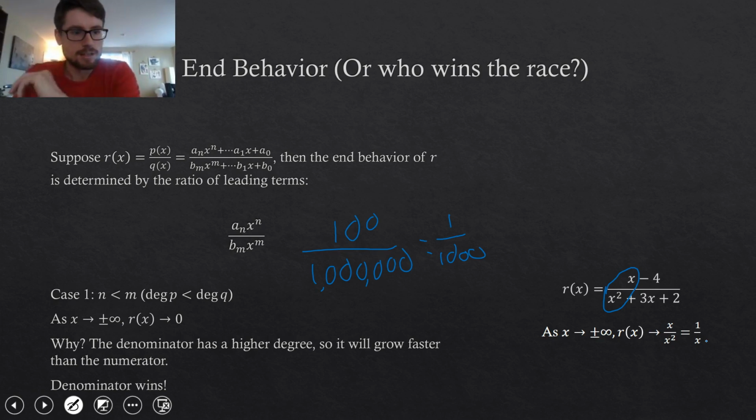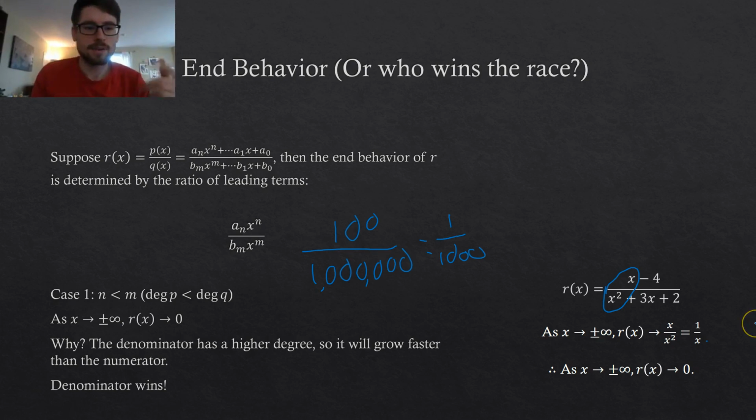We go to the right or to the left, that's going to go to 0, because plug in a large number and you get 1 over a large number, and that's close to 0. So in either case, you're going to get r going to 0 if the numerator is smaller than the denominator, whether you're going to the right or to the left.